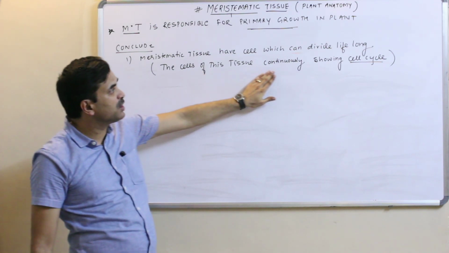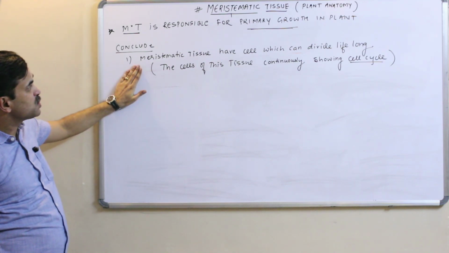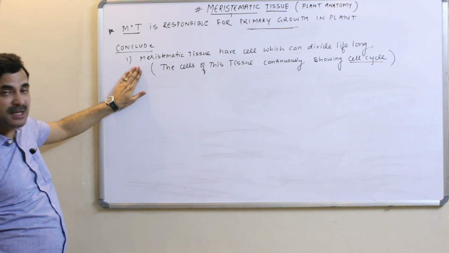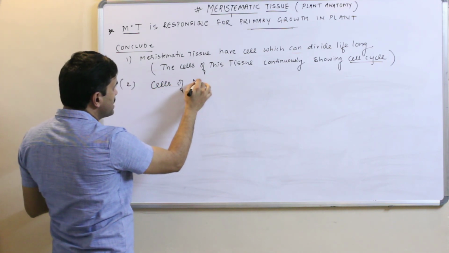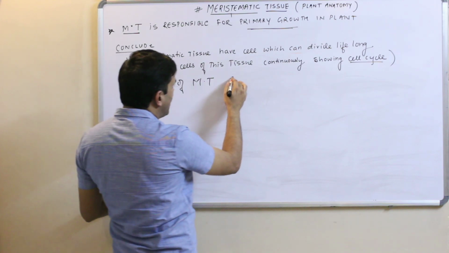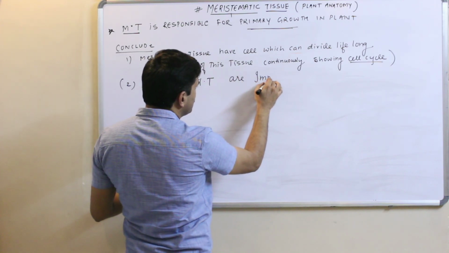And number two, cells of meristematic tissue are immature.